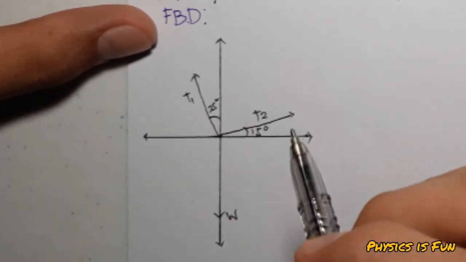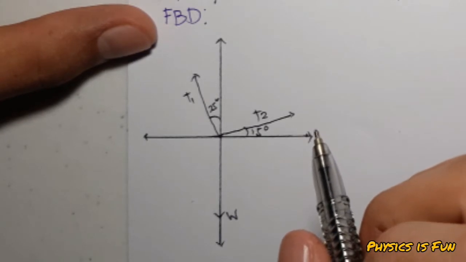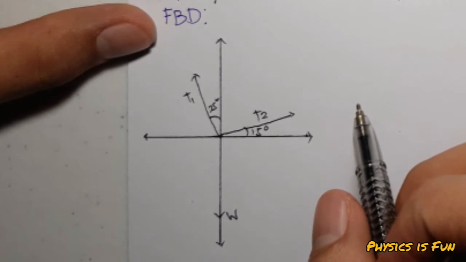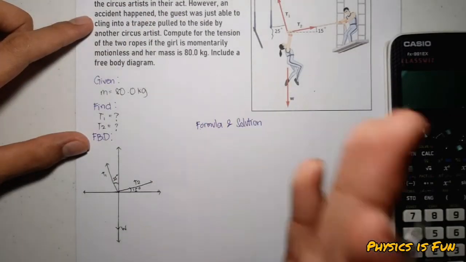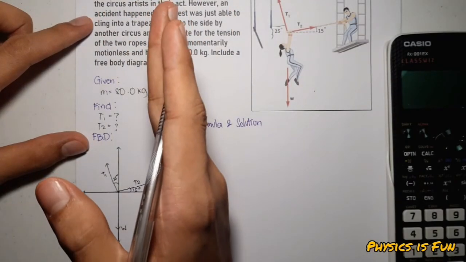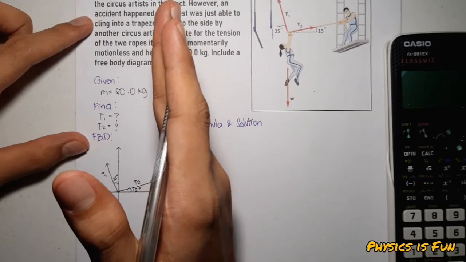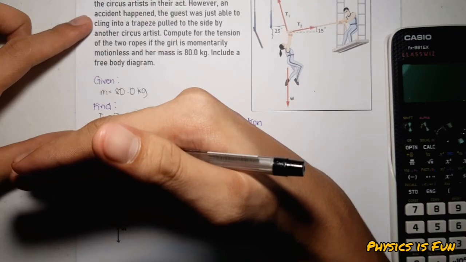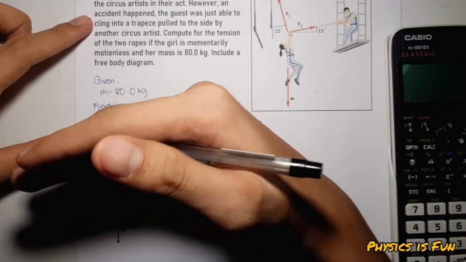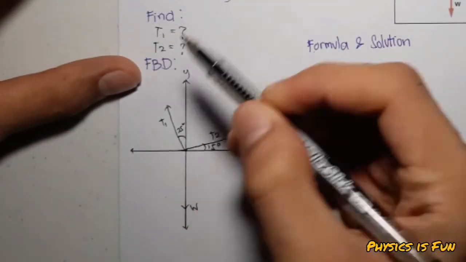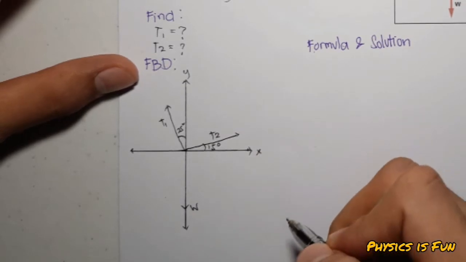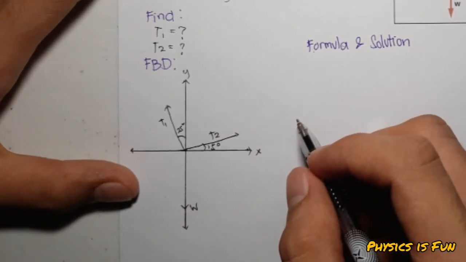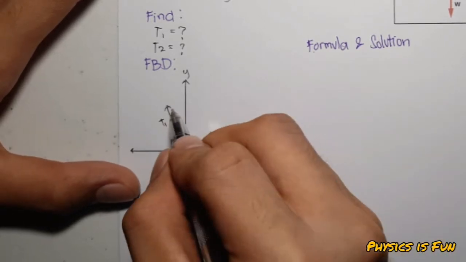Next, in this kind of problem, we need to first identify the vertical components and horizontal components of the tension. So, again, for review, this is the vertical component or the y-axis. And then here is the horizontal axis or x-axis. So this is y and this is x. Let's now proceed in identifying the vertical components first of tension 1.